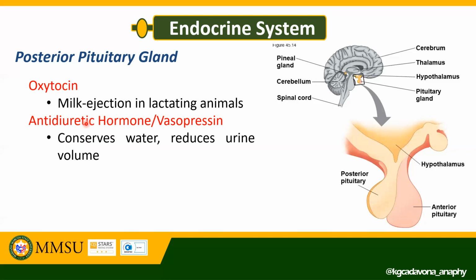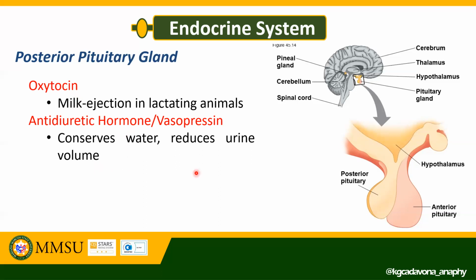So as a result of these actions in the mammary gland, this oxytocin aids now in the phenomenon of milk letdown, wherein suckling or yung pagsuso ng young animal sa kanyang mother will stimulate the ejection of milk from the duct system of the mammary gland. So yun ang ginagawa ni oxytocin.